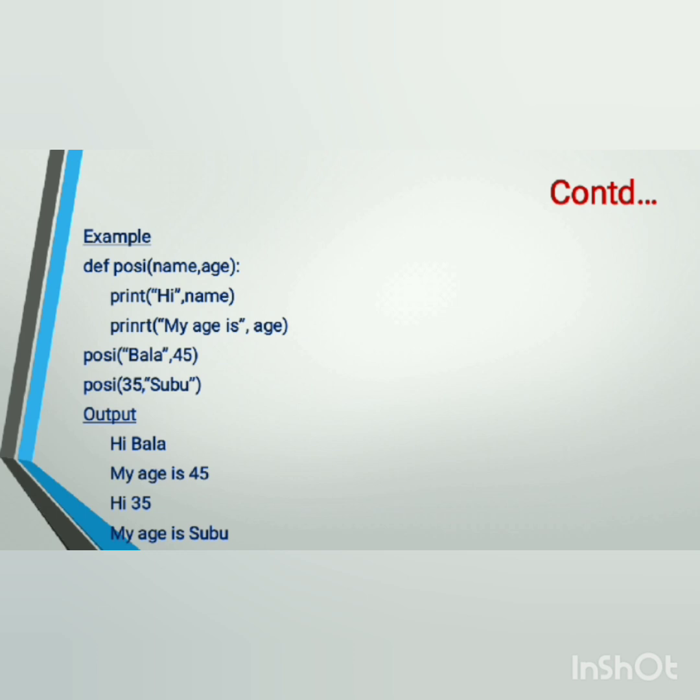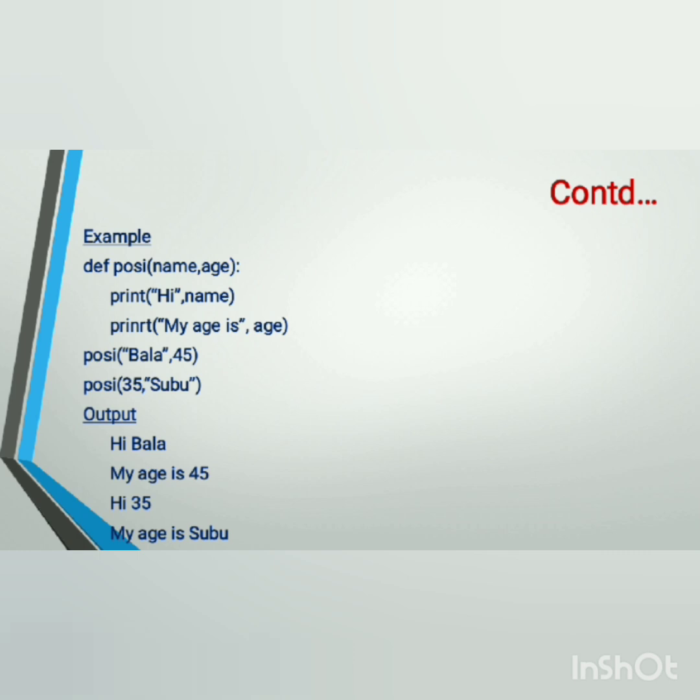That's why the number 35 is assigned to name and Subbu is assigned to age. So now name carries 35, age carries Subbu, right? So what statement will it print? Hi 35 will be printed. Next statement, my age is Subbu will be printed, because it is following the positional argument.